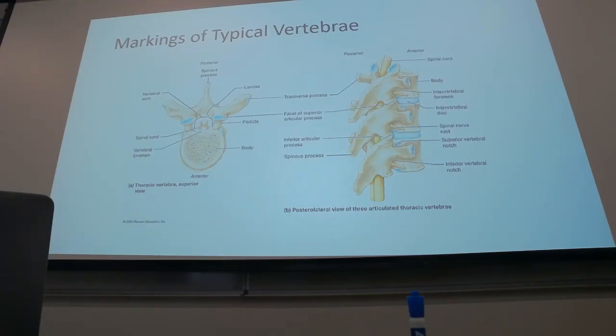And there is an arch that forms between the spinous process, the transverse process, and this part called the pedicle, which is close to the body. And then the lamina will be the bony connection between the spinous process and the transverse process.